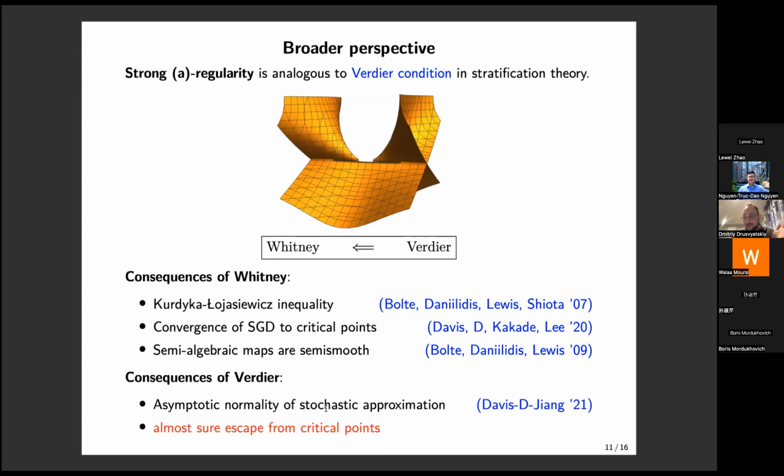But you can imagine there are others, and in fact there are. We have another paper that uses these Verdier properties to argue that, generally speaking, in non-smooth optimization, algorithms only converge to local minimizers. They do not converge to extraneous critical points.